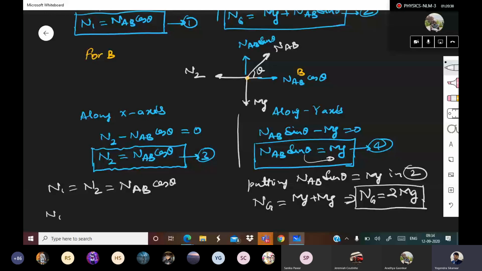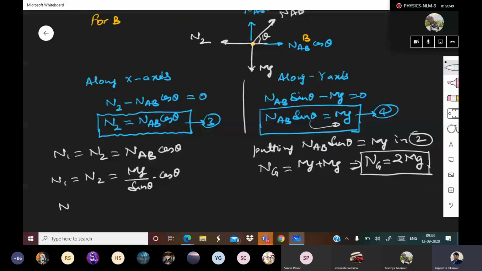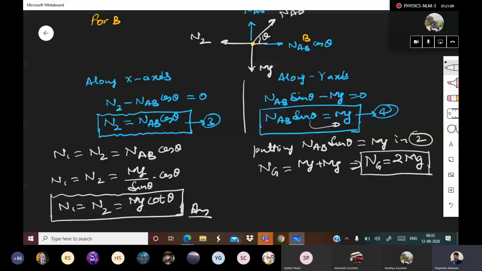So N1 is equal to N2 is equal to mg upon sine theta into cos theta. So N1 is equal to N2 is equal to mg cot theta. This will be the answer. Please note everyone.